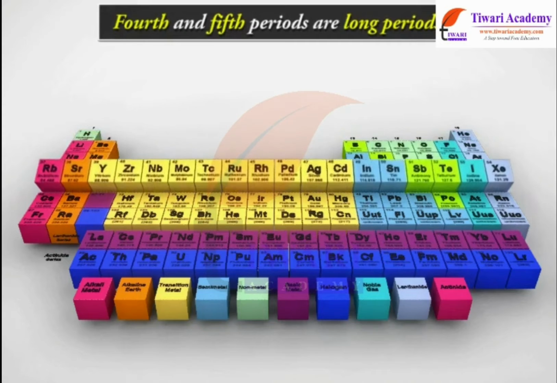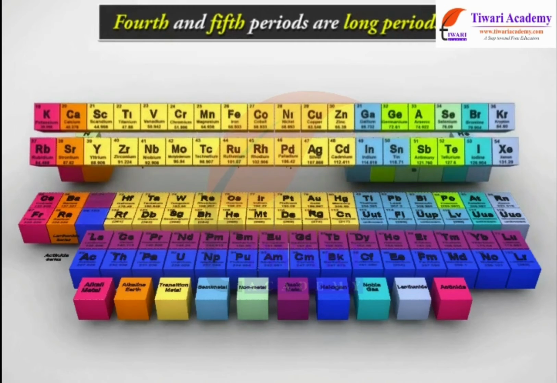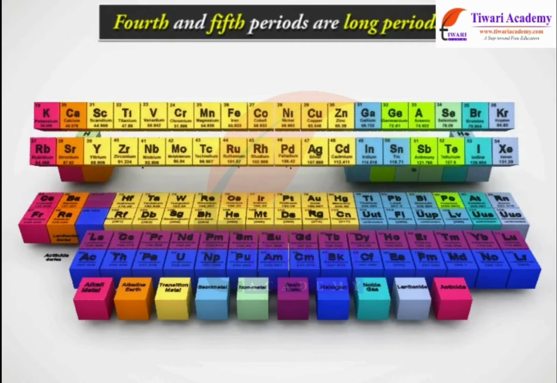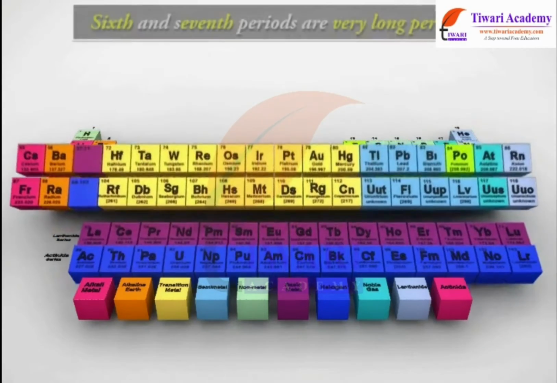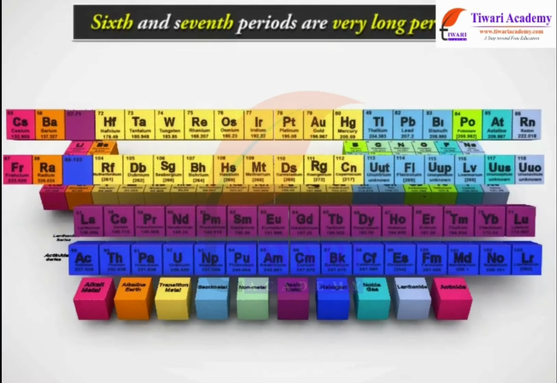Fourth and fifth periods are long periods and contain 18 elements each. Sixth and seventh periods are very long periods containing 32 elements each.